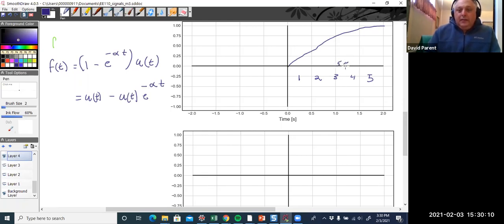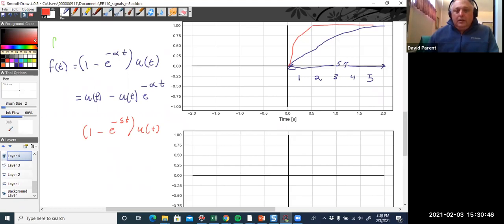And yeah, it takes 5 tau to reach approximately your final value. And that would take 5 tau is about 1, and then that would do that.